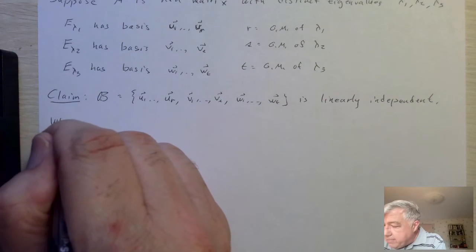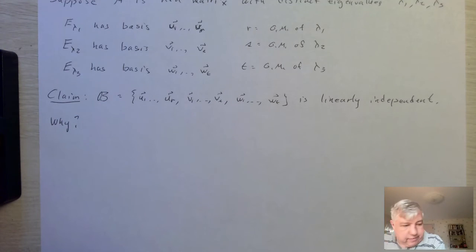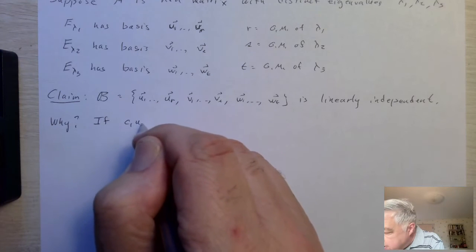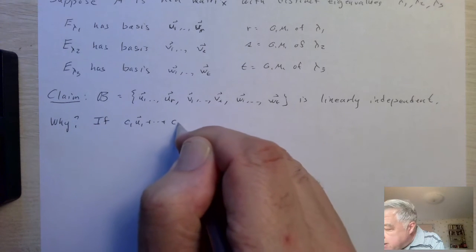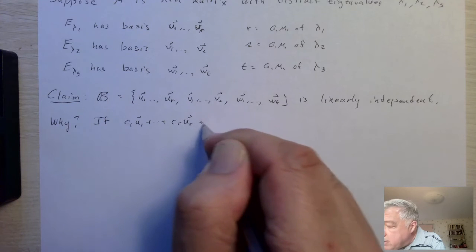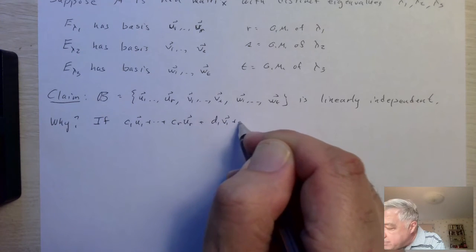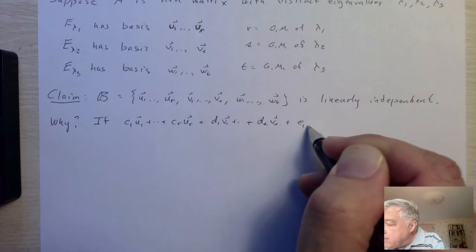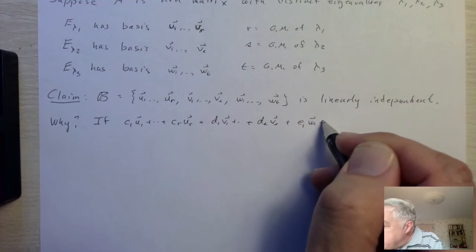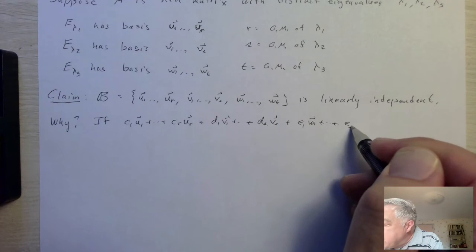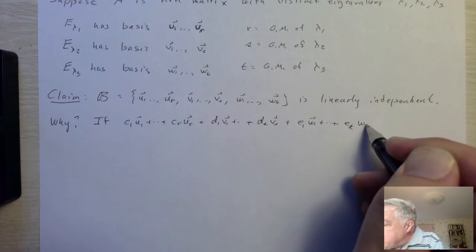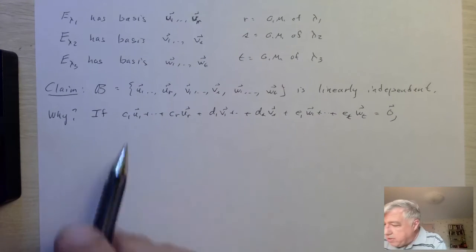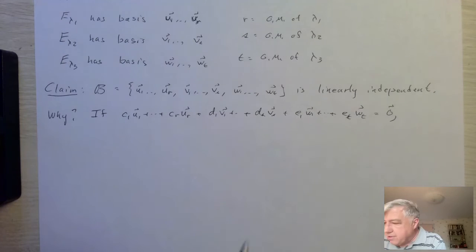Well, if we take a linear combination, say C1 U1 plus up to CR UR plus D1 V1 plus up to DS VS plus E1 W1 plus up to ET WT, and this is equal to 0, we want to show all these scalars are 0.